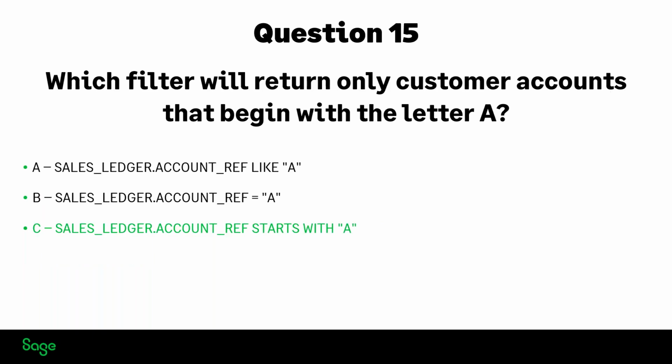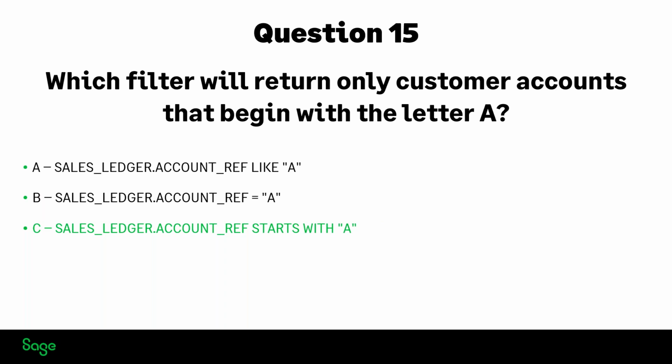And then the final question in that round, I think the majority of you got this one. Question 15, which filter will return only customer accounts that begin with the letter A? It is C. So sales ledger account ref starts with A. The other two, where you've got A, it would need to be the same.